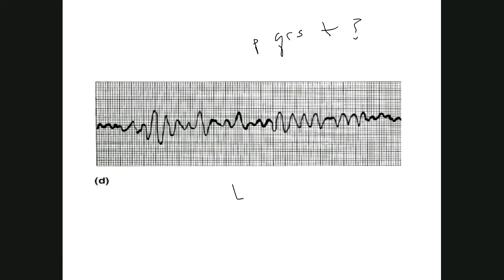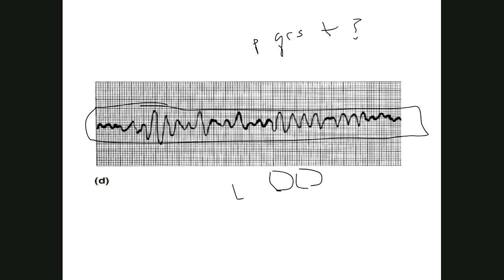So what's happening with this heart is that conduction system has quit working. So remember, this part's fast and this part's slow and this part's medium and this part's fast and this part's slow. That's what we're seeing. We're seeing all the different parts of the heart beating at their own rate.